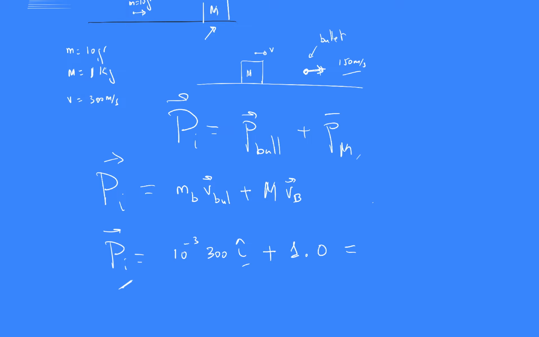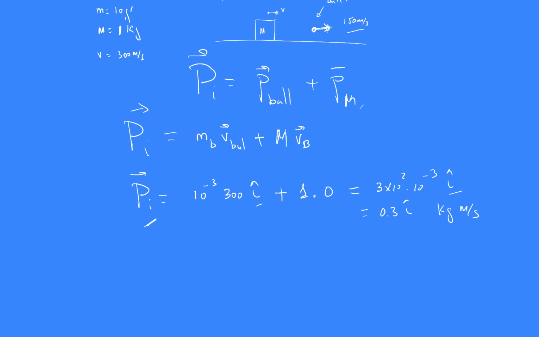It is 3 times 10 to the 2 times 10 to the minus 3 in the i direction, so it is 0.3 i kilogram meters per second.